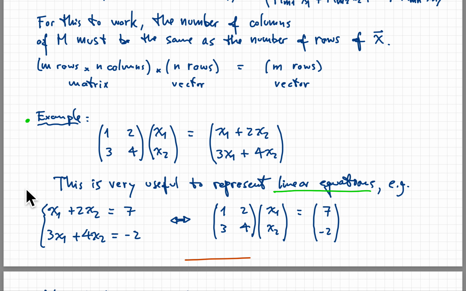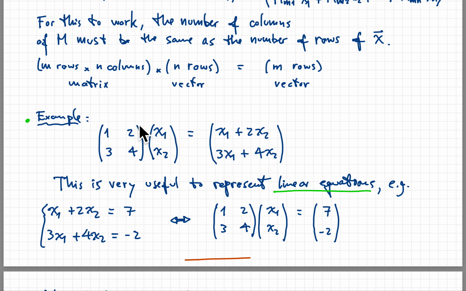Now, how matrix vector multiplication helps, it helps because we can represent these two systems of equations in a very compact way, as you see here. Here I took the same matrix that we had in the previous example, with 1, 2, 3, 4 as the coefficients.